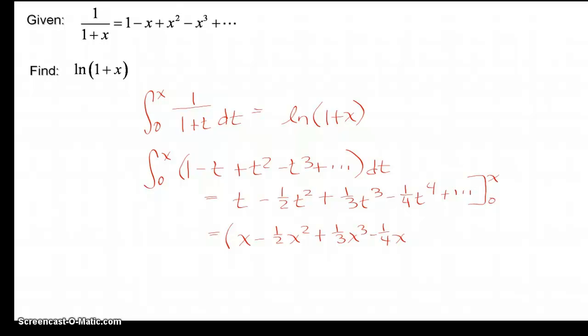Correct your notes. Make sure it looks like that. So there's the upper limit minus the lower limit, which is 0 minus 1/2 0 squared plus 1/3 0 cubed minus 1/4 0. Every term to infinity has a t in it. So when I substitute 0 in for that t, every term there is going to 0. Hang on a second. Trying to go too fast here. Please make sure that's in your notes.